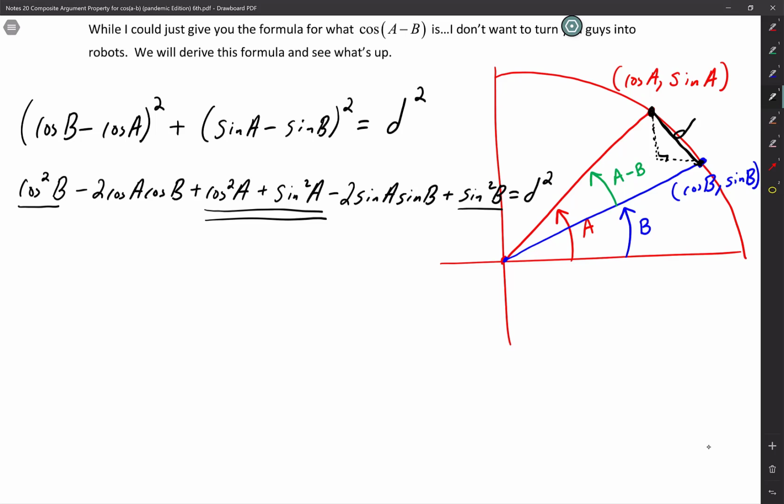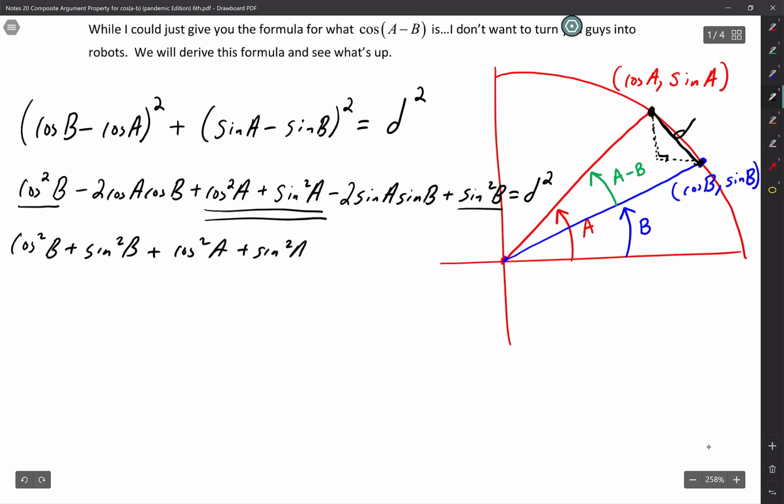So I'm going to rewrite it just so you guys can see. Cosine squared B plus sine squared B plus cosine squared A plus sine squared A minus 2 cosine A cosine B minus 2 sine A sine B equals d squared.